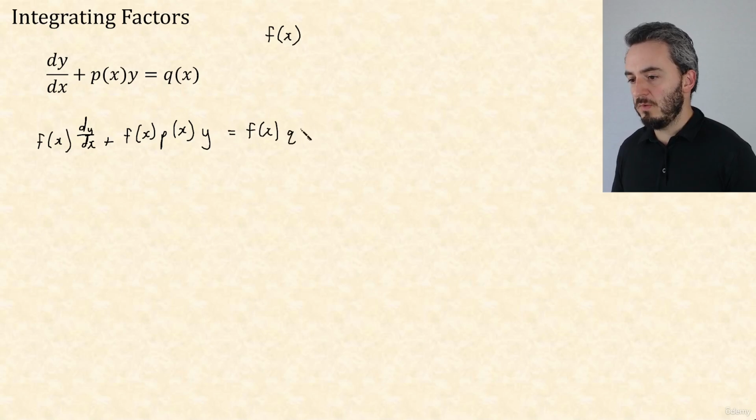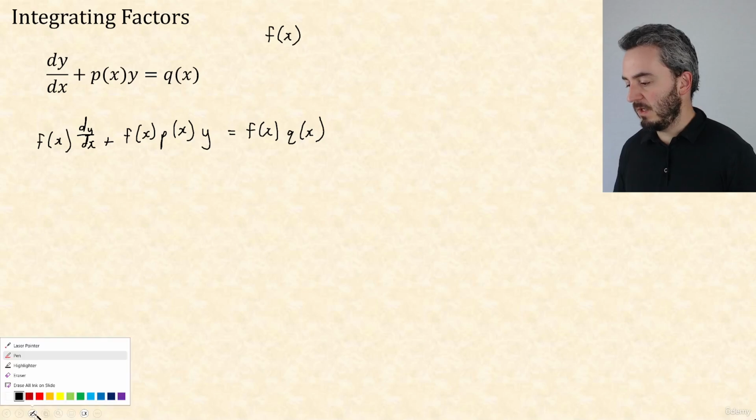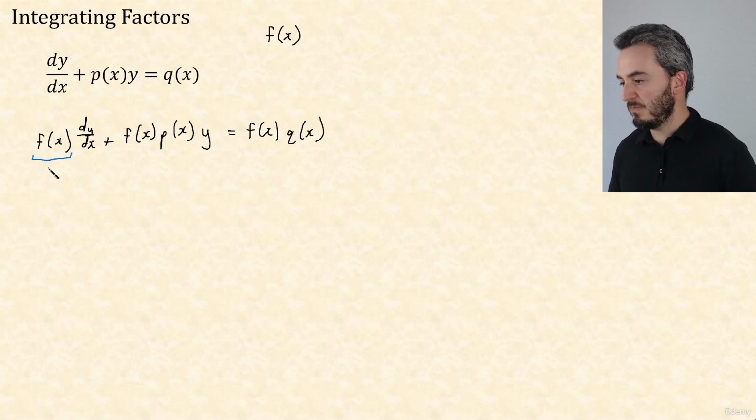So what I would like is for this left-hand side to be the result of some product rule differentiation. And if the left-hand side is a result of some product rule differentiation, it's going to need to be that this is my u, this is my u dash, this is my v, and this is my v dash.